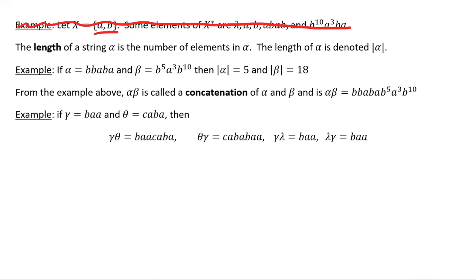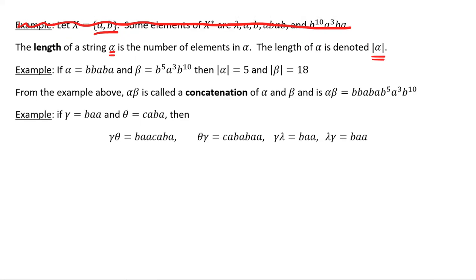The length of a string alpha is the number of elements in alpha, and it is denoted with these absolute value symbols, but that means length of alpha. If we're in the world of strings and you see that, don't think absolute value, think length of this string. It's kind of like cardinality when it's surrounding a set. It means how many elements are in that set.